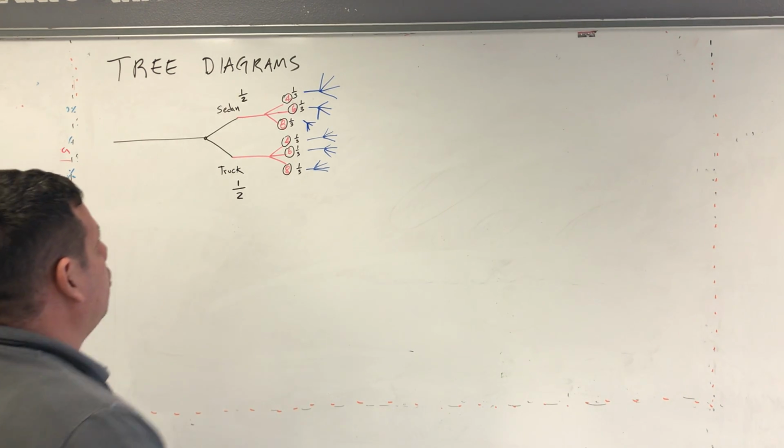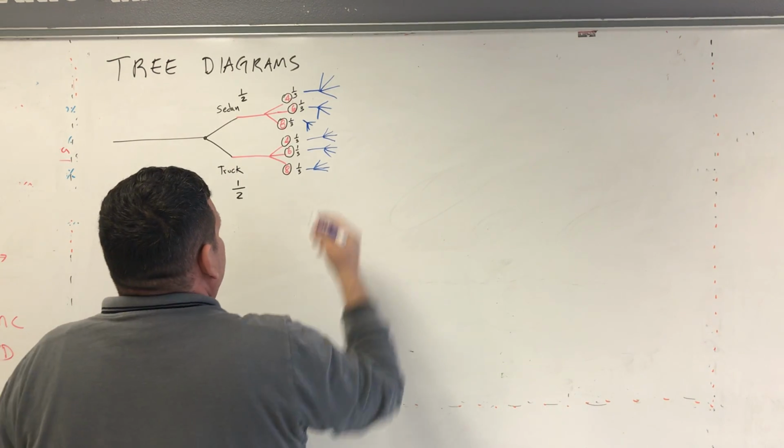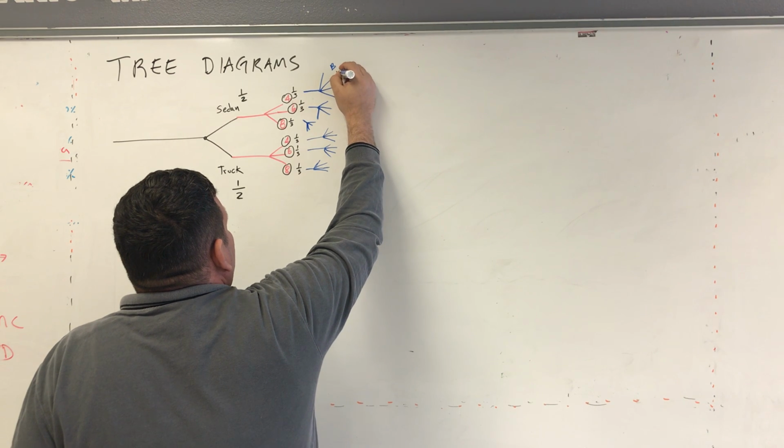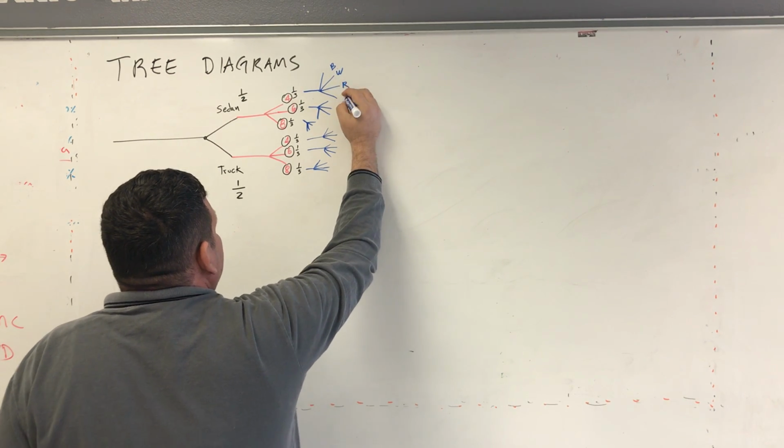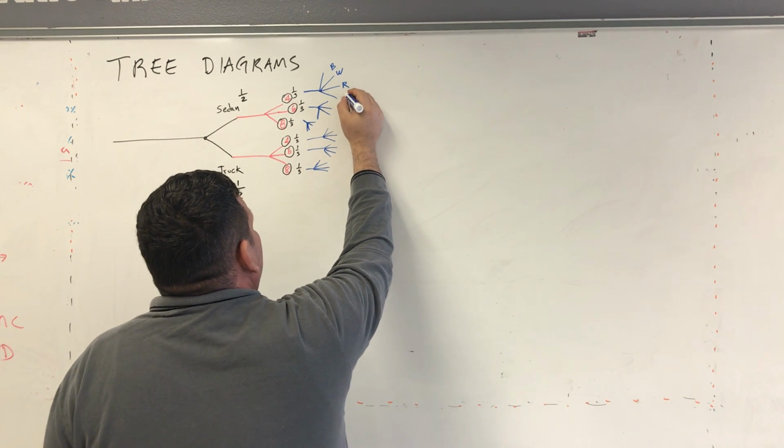So the colors will be the basic colors: black, white, red, and maybe another color, green.